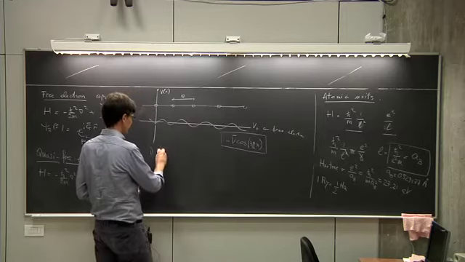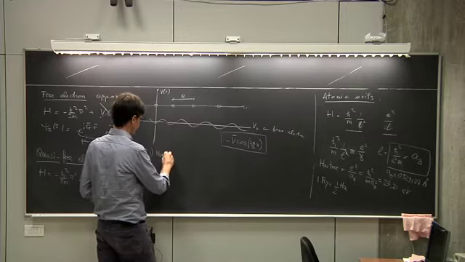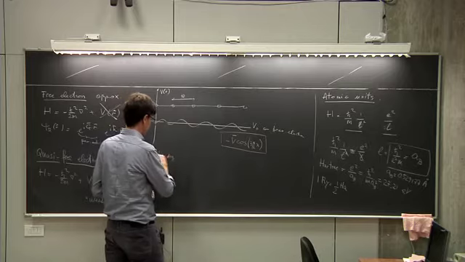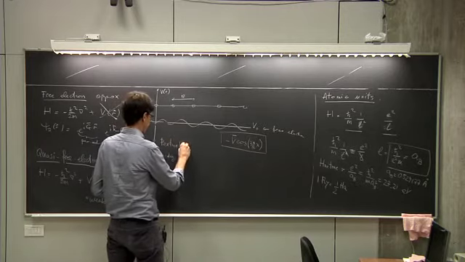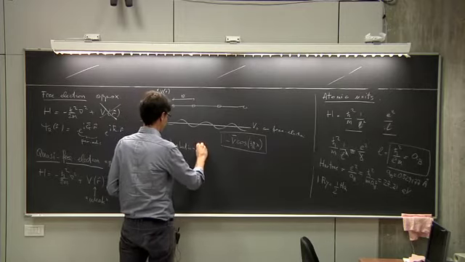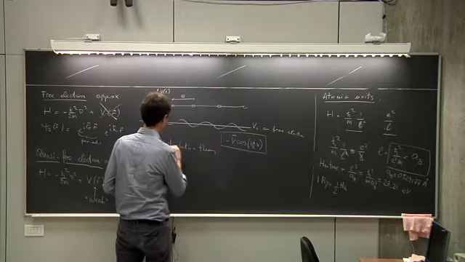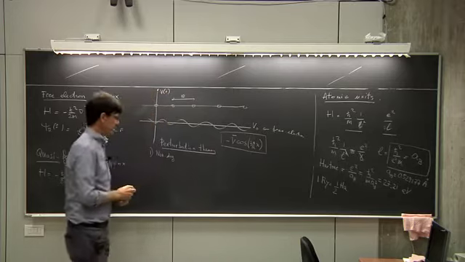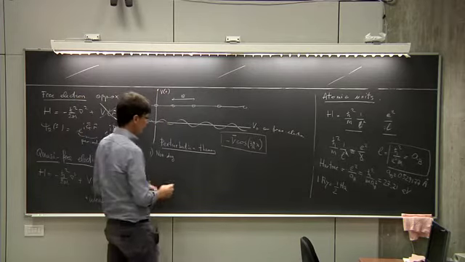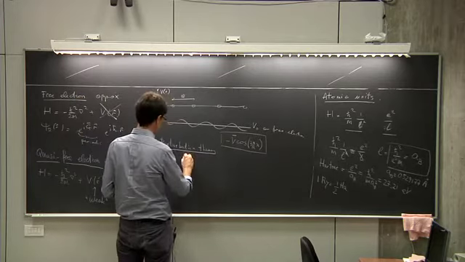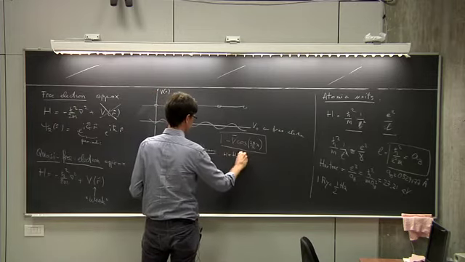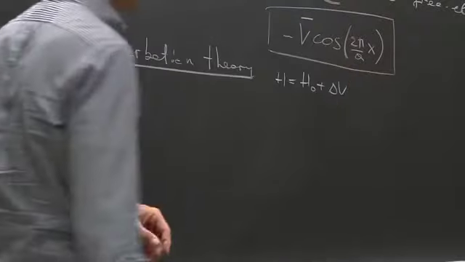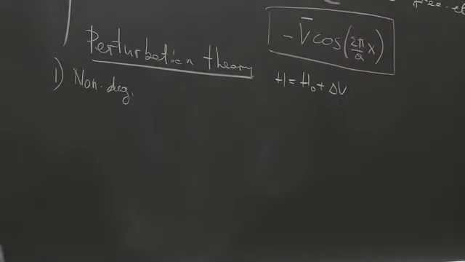So if we have perturbation theory for non-degenerate states, what I have to do, and the perturbation, so the Hamiltonian is H equals to H0 plus delta V. Delta V is the perturbation.